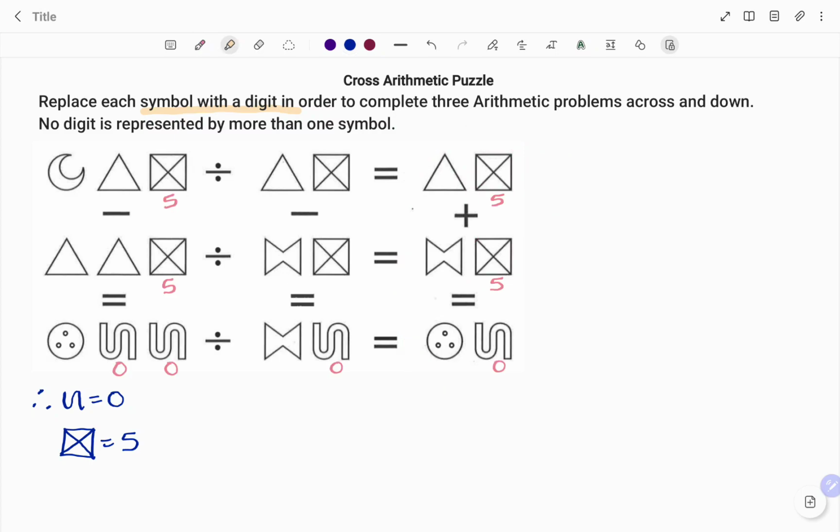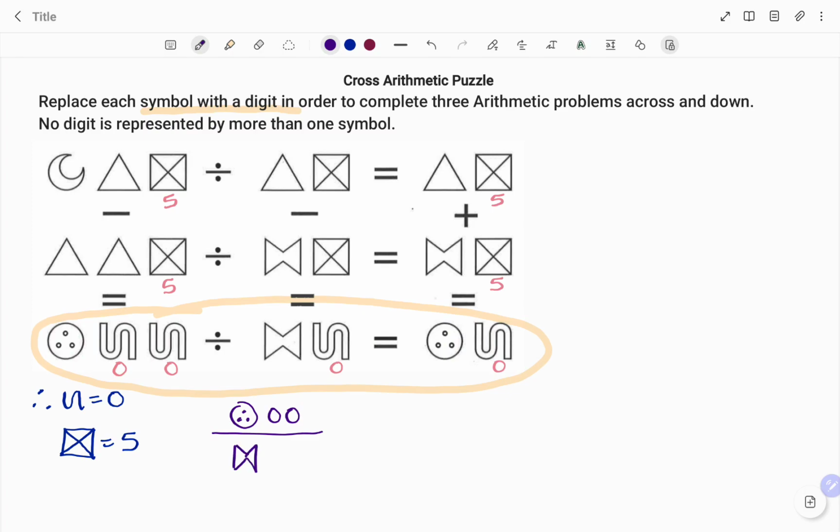The next combination I'm going to consider is my last row as shown. Remember, the S shape is 0. So I have the button symbol with 0 and 0, that's the S shape, divided by the hourglass and the S shape, which is 0.